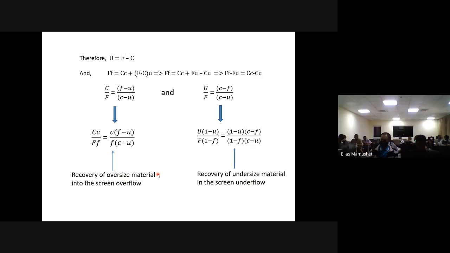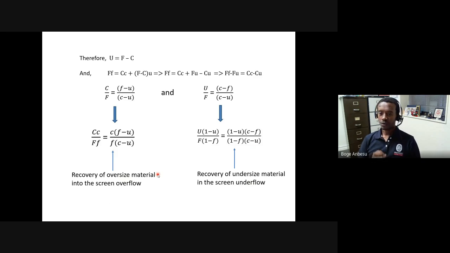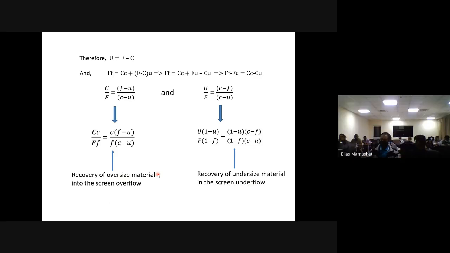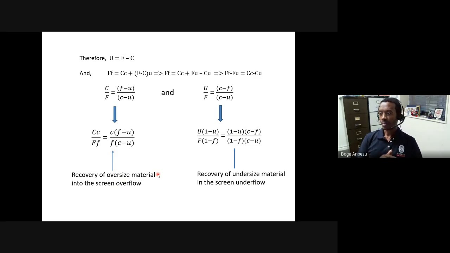As you can see here, the use of accurate particle size distribution is very critical because we're basically relying on particle size distribution of the feed, the coarse portion, and the fine portion. So this is one way of doing this.